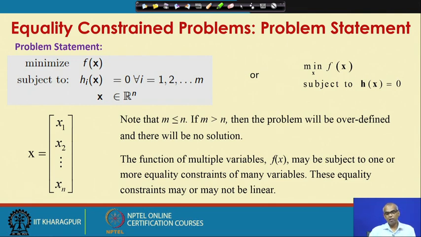If m is greater than n, that means if you have more constraints than variables, the problem will be overdefined and there will be no solution. The multivariable function f(x) may be subject to one or more equality constraints of many variables. These equality constraints may or may not be linear.